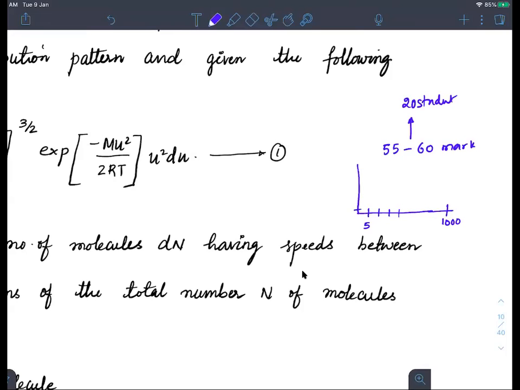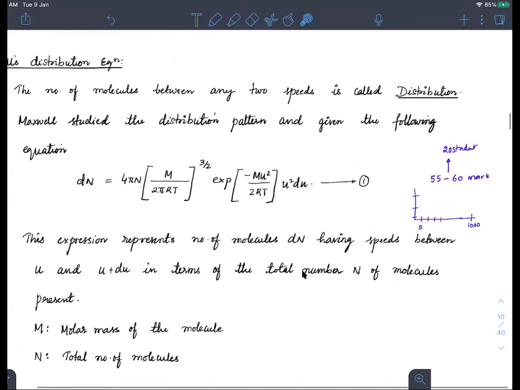In 0 to 5 there is only one student, in 5 to 10 there are 20 students, and in 10 to 15 there are 30 students, like that. If I keep plotting the ranges of marks versus the number of students present in that range, this is called the distribution of your class. This is called the average distribution of the class. I guess all of you understood what it is.